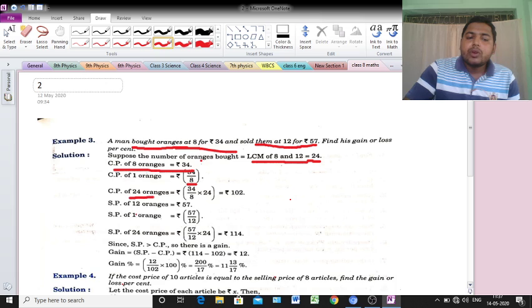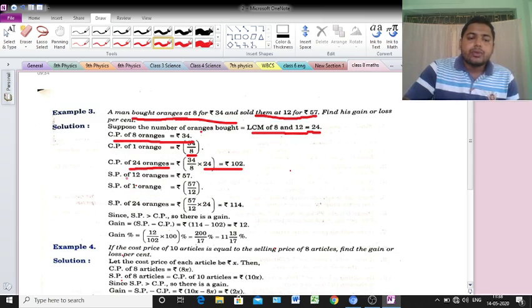CP of 24 oranges, because he bought 24 oranges, equals rupees 34 by 8 into 24. After calculation we are getting rupees 102. Do the calculation in your copy on the right hand side. So CP of 24 oranges equals rupees 102.